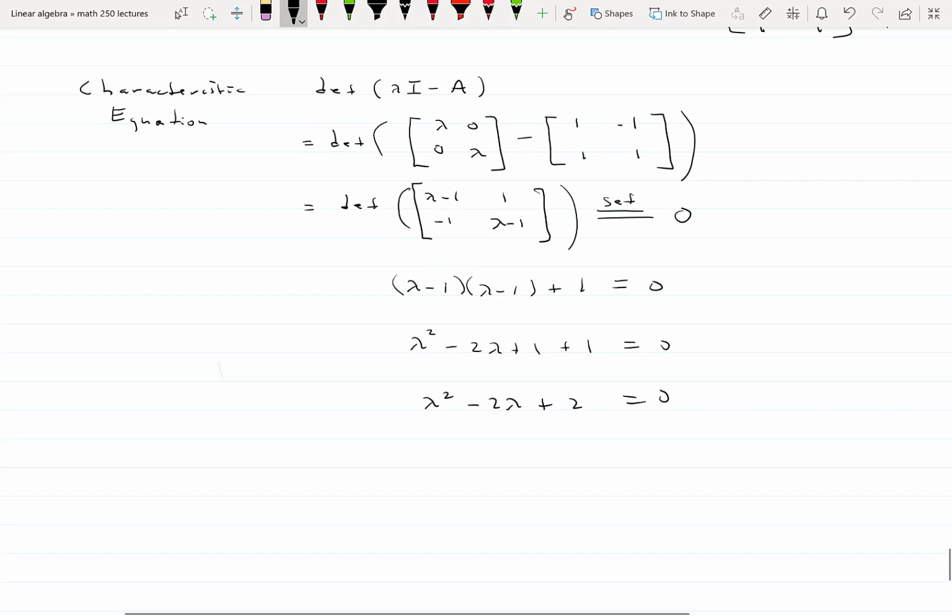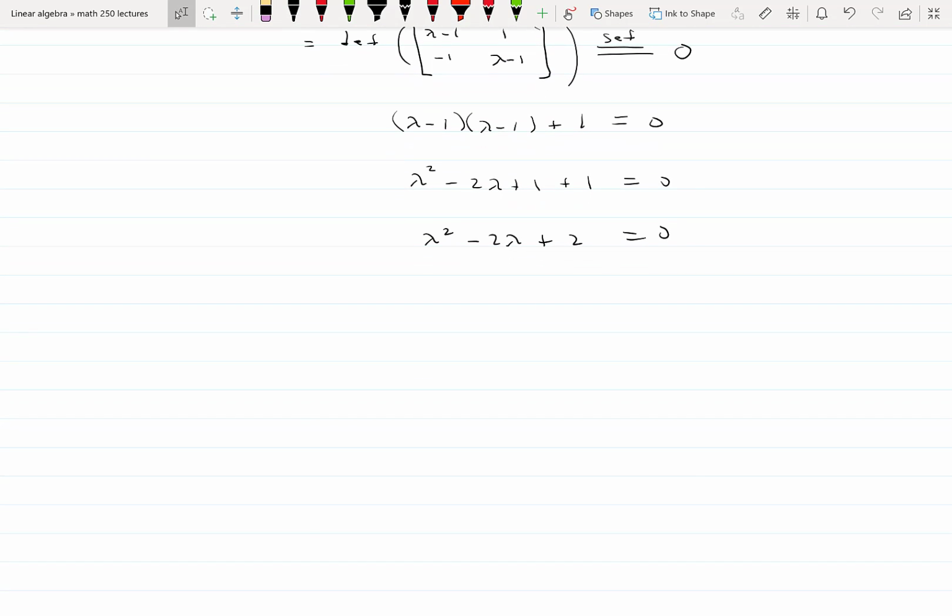Now this isn't going to factor. Well, I guess every quadratic factors. It's just not going to factor with real nice numbers. So we'll use the quadratic formula. Lambda equals negative b plus or minus the square root of b squared, where b is negative 2, so b squared is 4, minus 4 times a times c, 4 times 1 times 2 is 8.